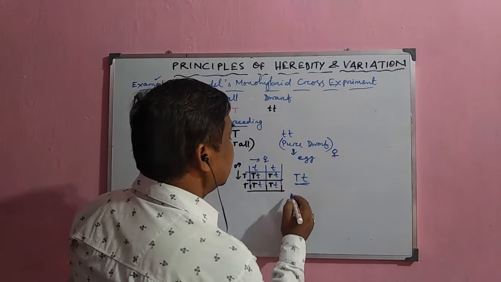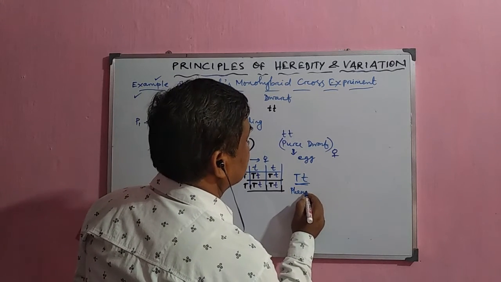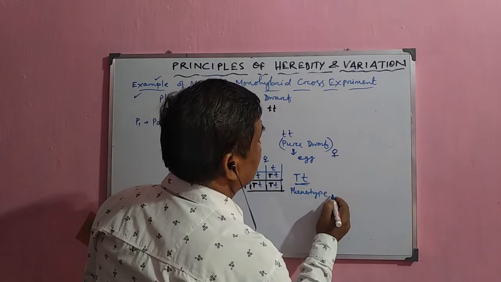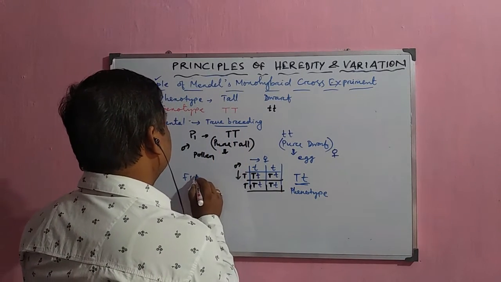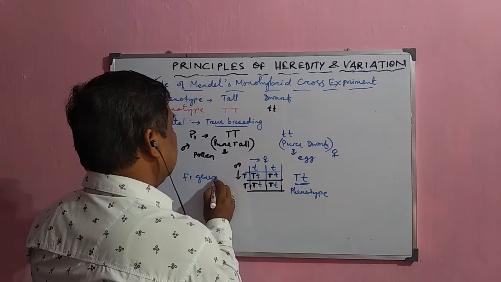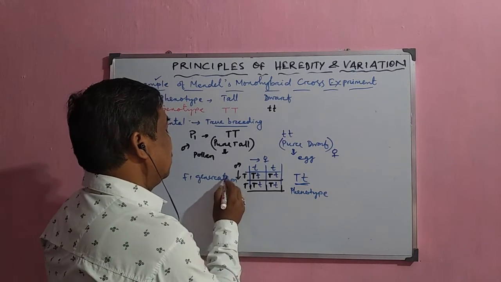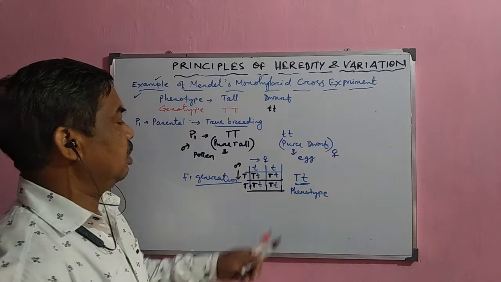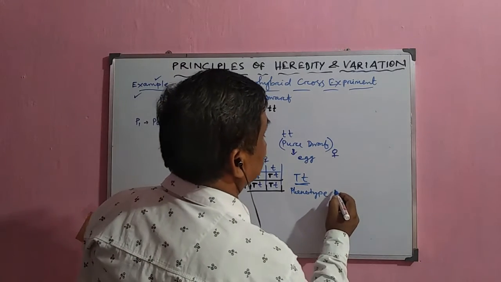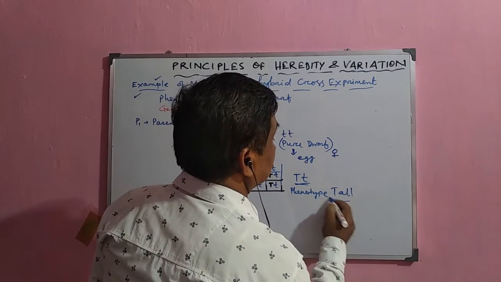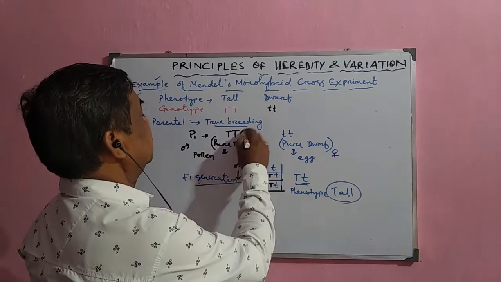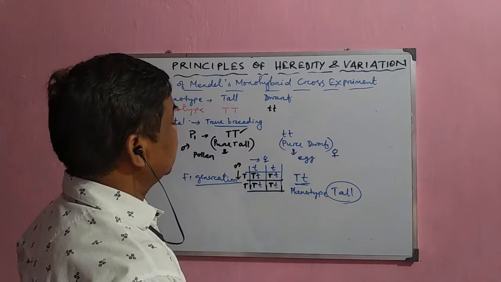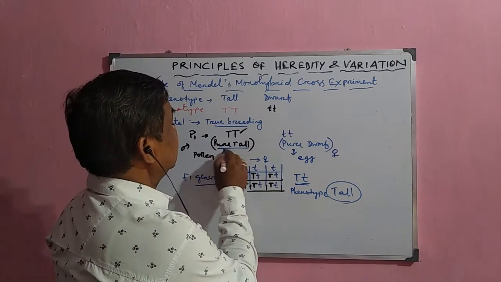And he observed the phenotype of all the F1 hybrids. These are called the F1 generation, and whatever hybrids were formed in the F1 generation are all tall. These tall plants which are produced are different from the earlier tall variety, because those were the pure tall variety.